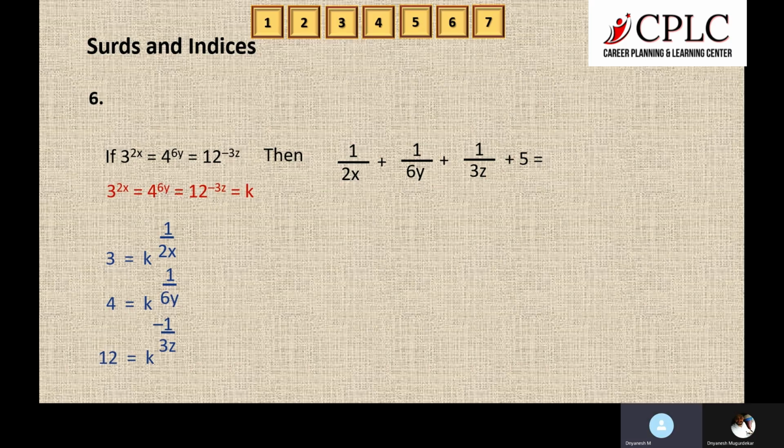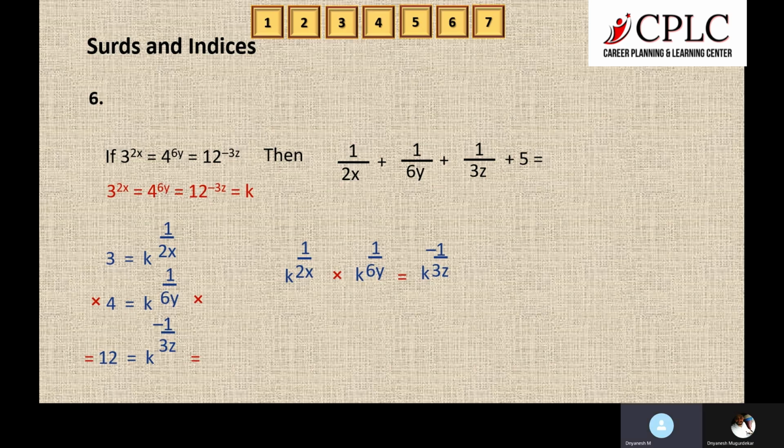Now this is pure observation: on the left side, when you multiply the first two numbers, 3 and 4, you get the third one, that is 12. The same thing should happen on the right side. So k raised to 1 by 2x into k raised to 1 by 6y will give you k raised to minus 1 by 3z.